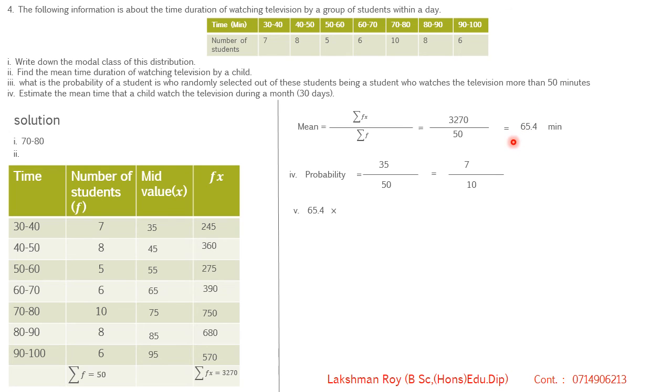Now to find the television watching during a month, this 65.4 minutes means the mean time spent by a student in the group within a day.